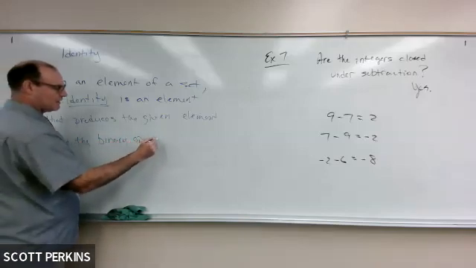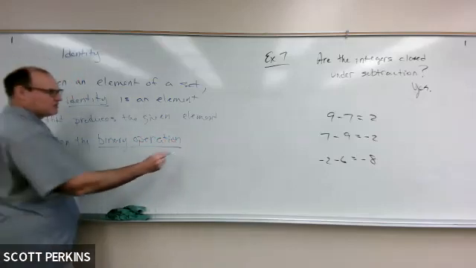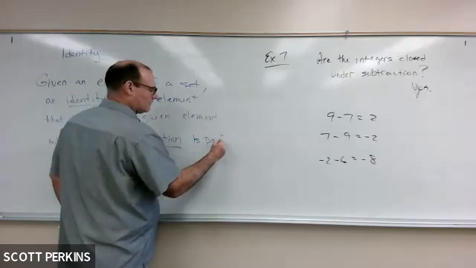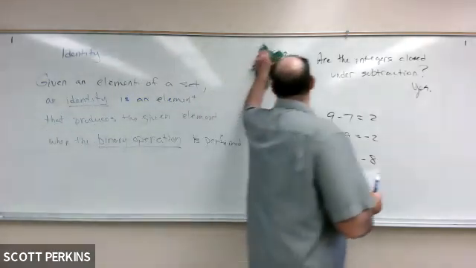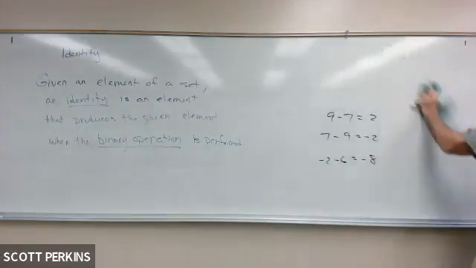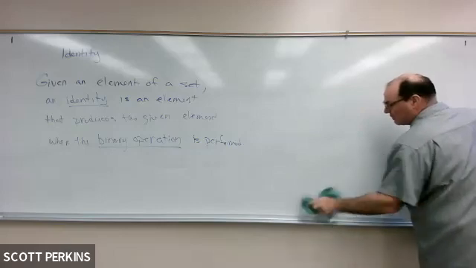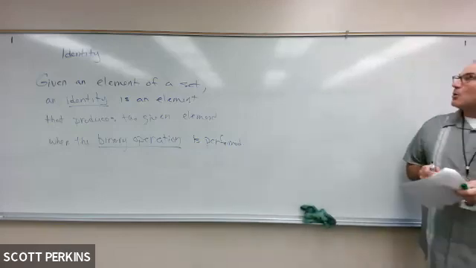That's the other blank, in case you're following along. When the binary operation is performed. Okay, that is a lovely definition, but maybe that provides more confusion than enlightenment. So I'm going to show you the example. I'm going to show you the identities that we know we have.